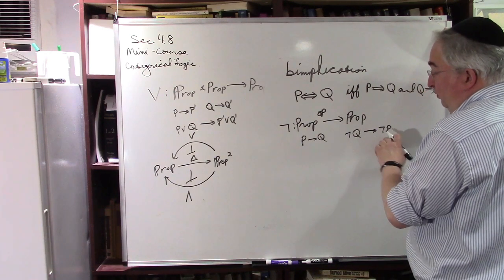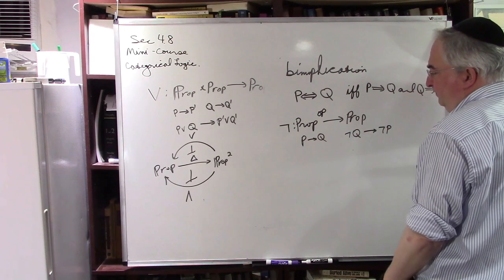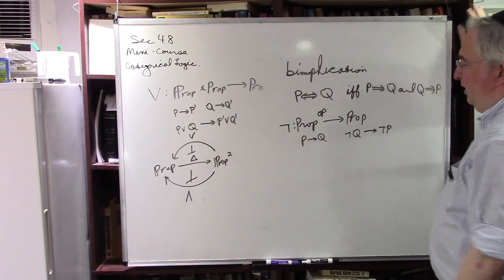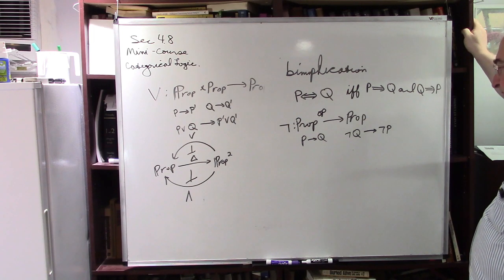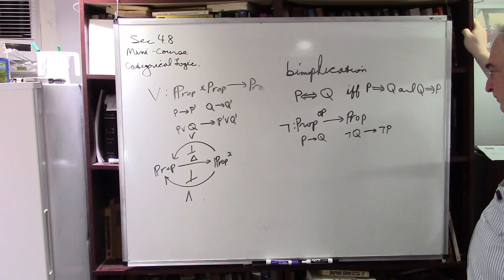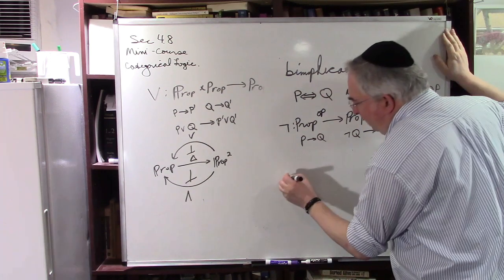Because if P was true, then we'd have Q is true. Okay, so you get this contravariant functor. Very nice.